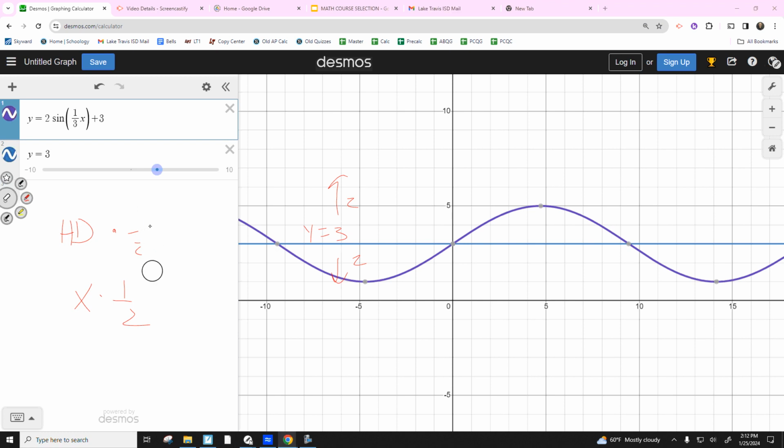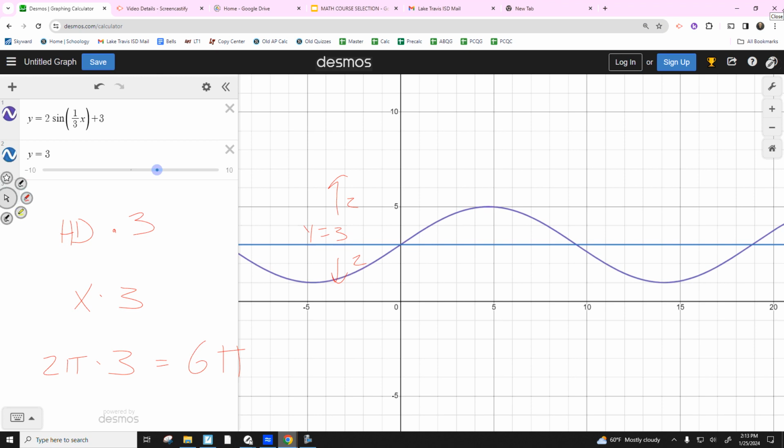You take all of your x's, multiply them by 3, means you will take your period, which is 2 pi, multiply it by 3. Your period is going to be 6 pi. If I start at 0, I will repeat myself, bam, right there at 6 pi.